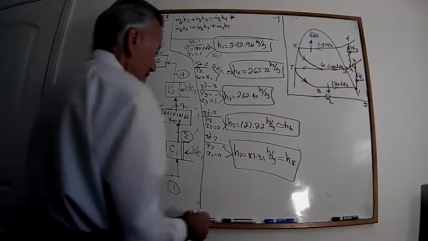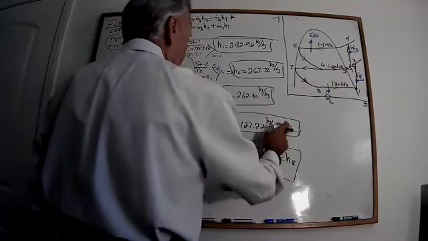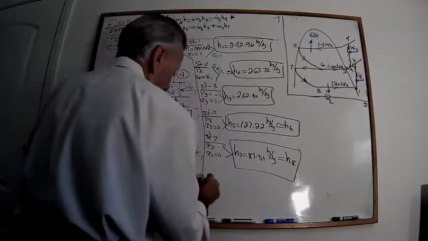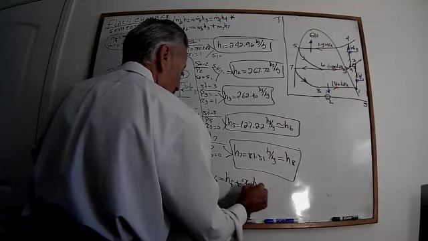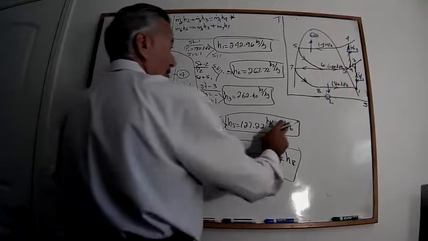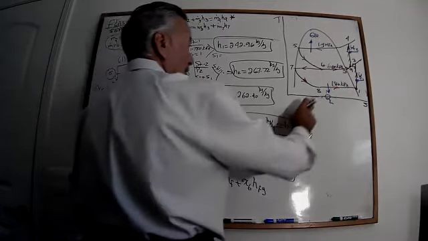Now, in order to do that, first thing I'm going to do is that I have H6. I know that H6 is equal to H of f plus X6 times H of fg. Now, at point 6, I have the pressure, so I can look it up, find H of f, find H of fg. I already have that.